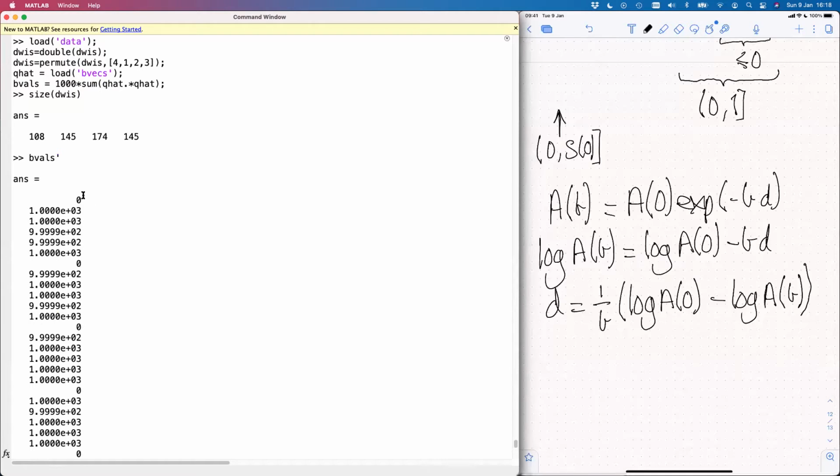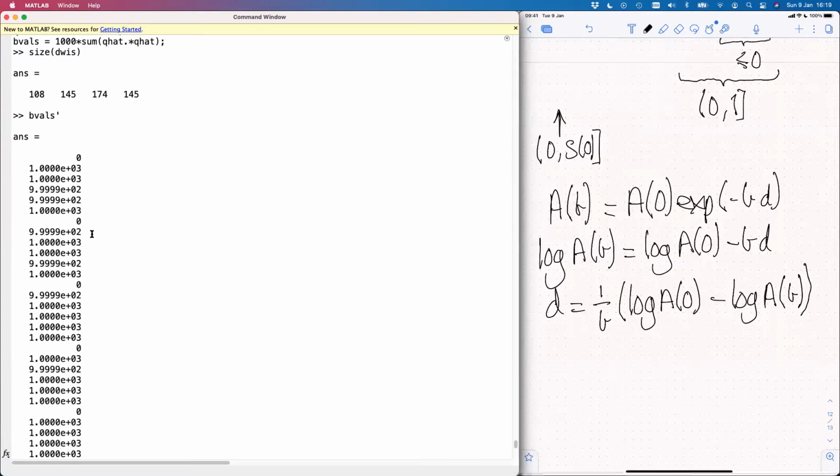And you can see that some of the images are acquired with a B value of 0, whereas most of them are acquired with a B value very close to 1000. So every 6 or 7 images has the B value set to 0, but most of them have the B value set to around about 1000. Let's just look at the first 2 of these to begin with. So the first one has a B value of 0, and the second one has a B value of 1000.